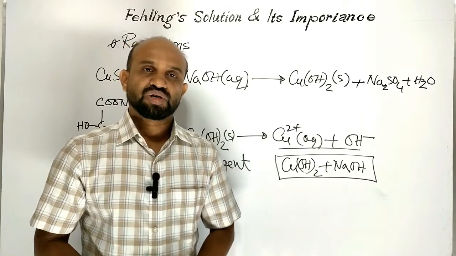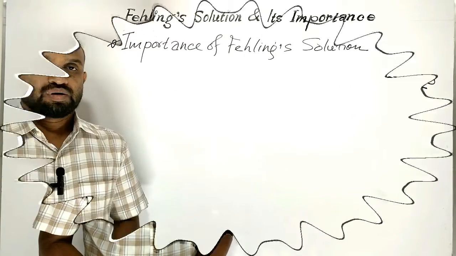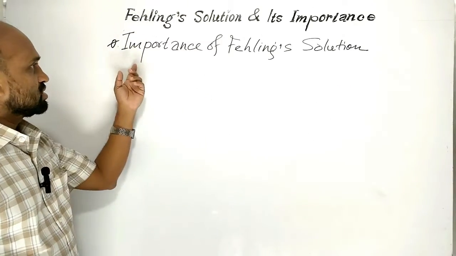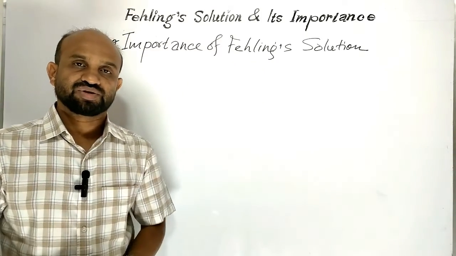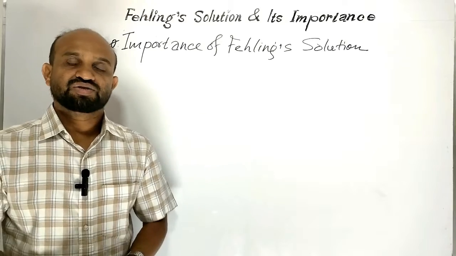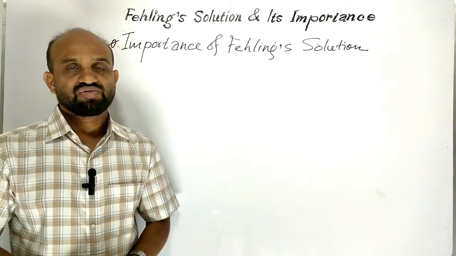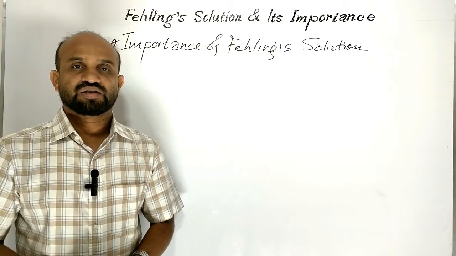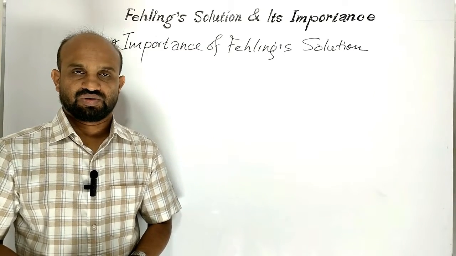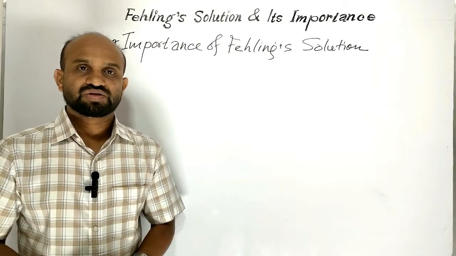Now let's see importance of Fehling solution. Now the point is importance of Fehling solution, which is also called Fehling solution test. As we learned that Fehling solution is used to differentiate aldehydes from ketones. Now let's see Fehling solution test.